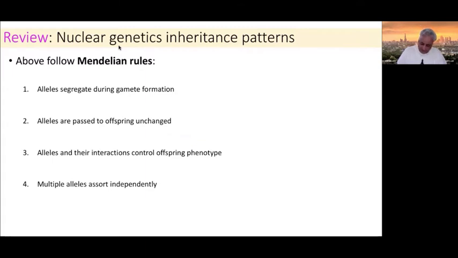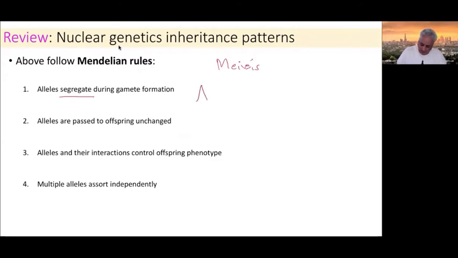So the first thing it says is that meiosis is the type of cell division that's very important here. And all of these rules can be applied to some aspect of meiosis. So the first one says alleles segregate during gamete formation. So this is one of Mendel's laws.